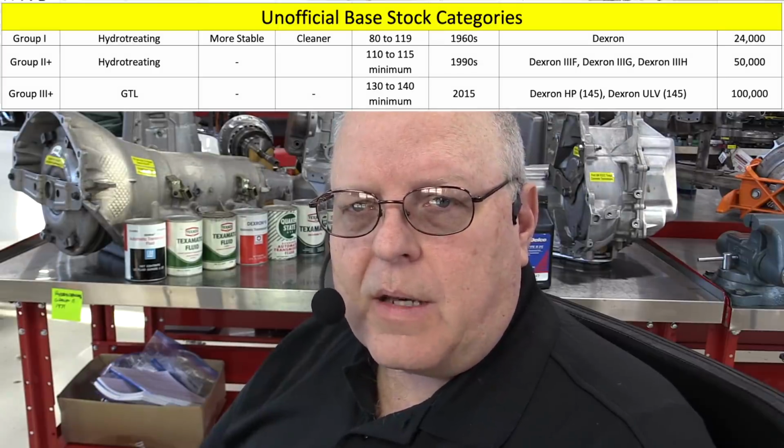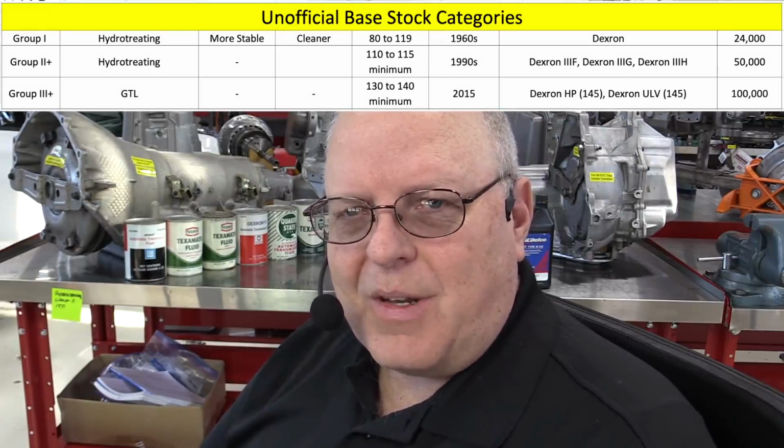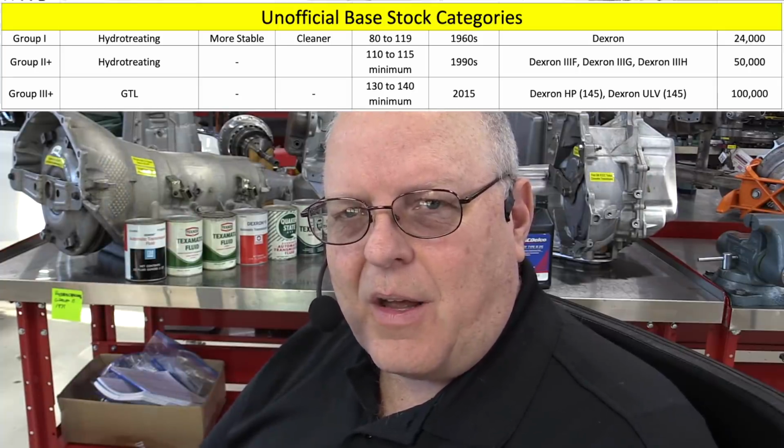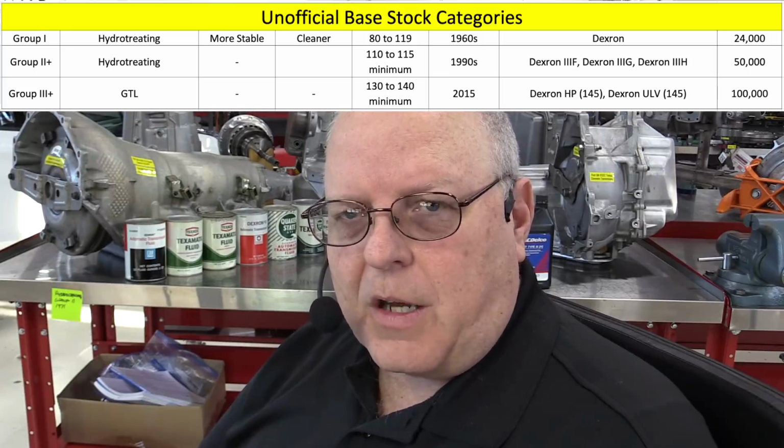So right in between the Dexron II fluid specification that was used in our 1991 4L80E transmission there, and the next fluid specification, the Dexron 3F transmission fluid, was this change in refining methods to produce what is called the Group 2 Plus base stock oils. So in 1995, General Motors changed their fluid fill specification to a Dexron 3 rather than 2 with the F as the suffix at the end.